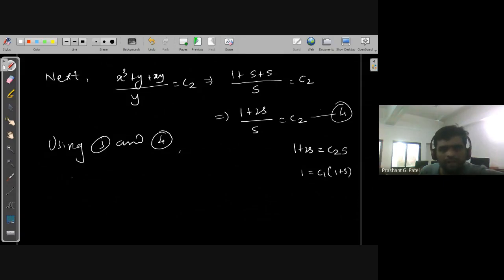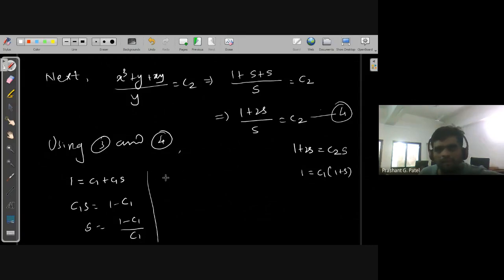So from that we can get 1 is equal to c1 plus c1s. So c1s is equal to 1 minus c1, so s is equal to 1 minus c1 upon c1. And here we'll have 1 equal to s into c2 minus 2, so s will be 1 upon c2 minus 2.